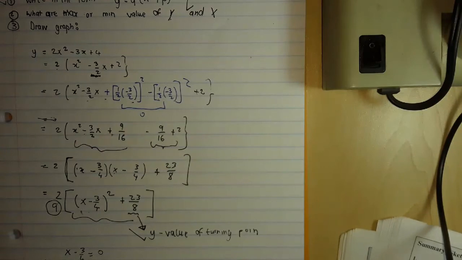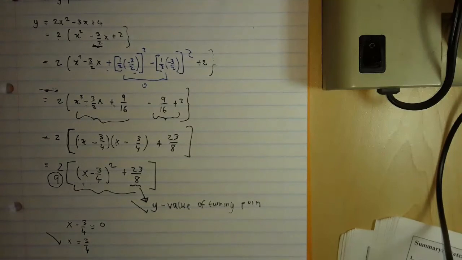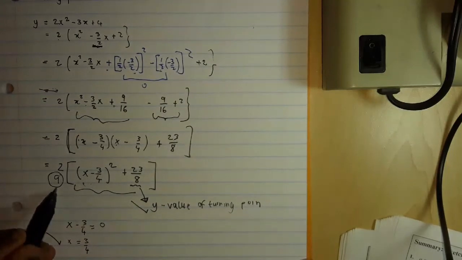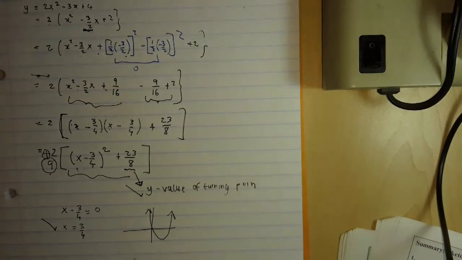And how do we know whether these are maximum or minimum? We have our a outside, and our a is positive, and we said the shape of this, in the case where a is positive, will be like this. And in a case like this, the x and the y are said to be minimum.